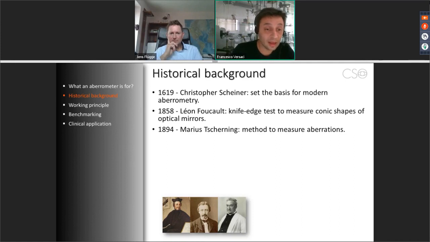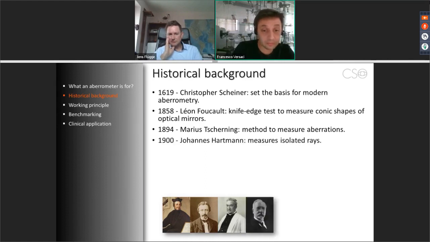At the end of the century, in 1894, Tscherning invented his own method based on the projection of a grid onto the retina. In 1900, Johannes Hartmann found a way to measure isolated rays, and this first step was completed a few years later by Shack, who invented the Hartmann-Shack sensor, but we'll see this in a moment.